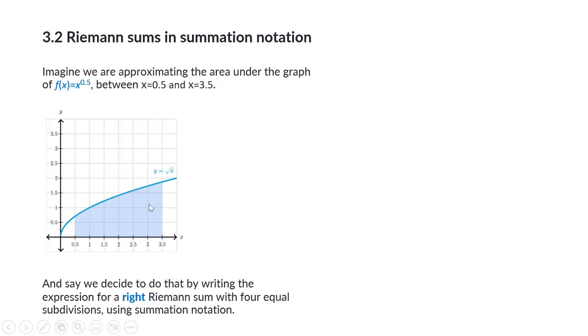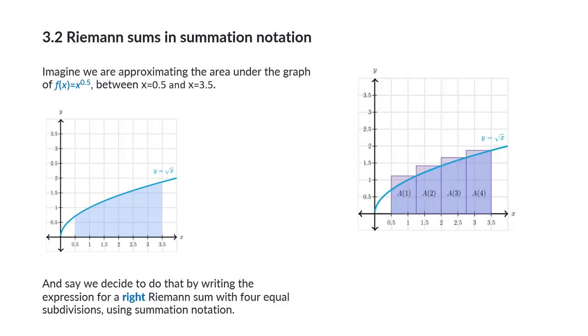Say we decide to do that by writing the expression for a right Riemann sum. This is the right Riemann sum with 4 equal subdivisions. So how can we express this using summation notation? Remember, it's a right Riemann sum, so we divide it into 4 equal subdivisions.